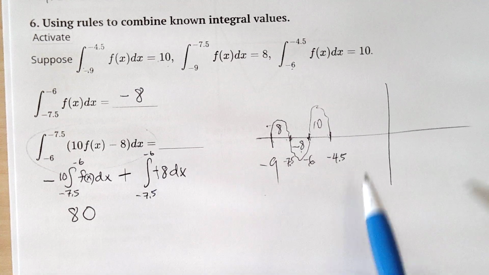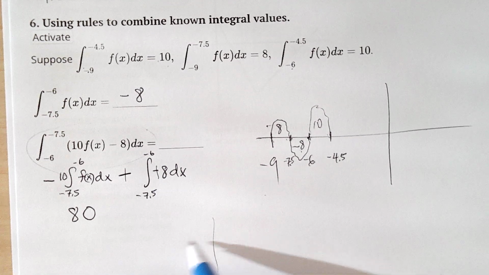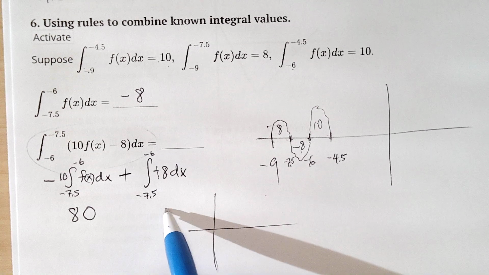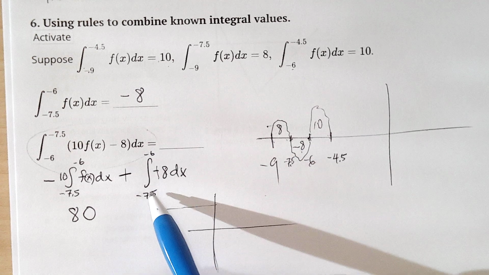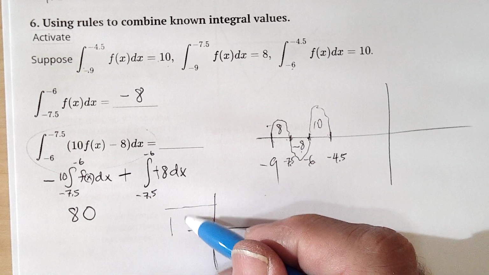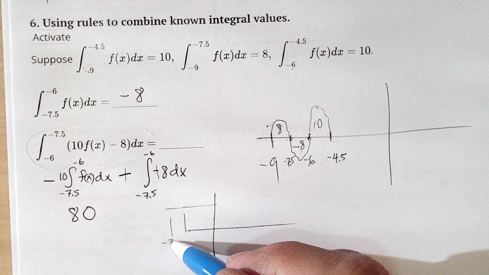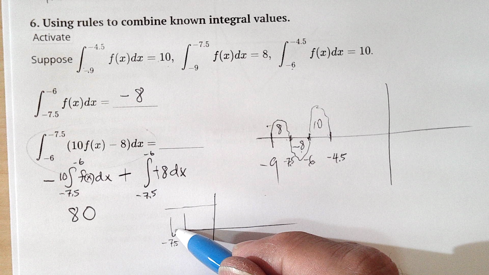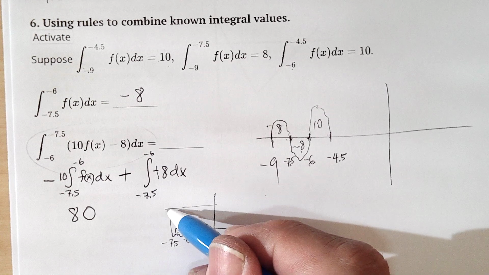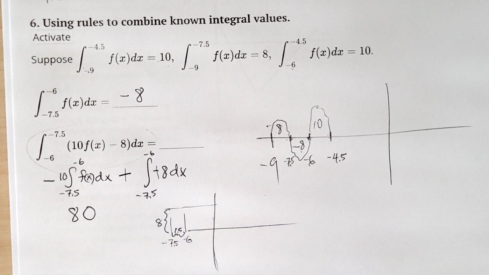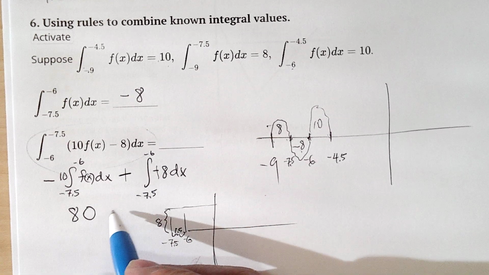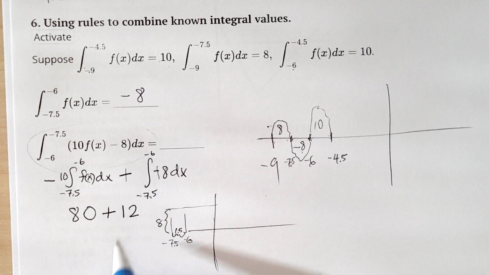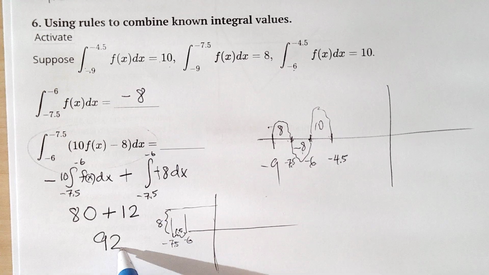And if I have a graph that's staying at 8 high, so I'll make a graph here and make it 8 high, for the interval from -7.5 to -6, that's a width of 1.5 and a height of 8. So 8 times 1.5 is 12. So 80 plus 12 is 92.